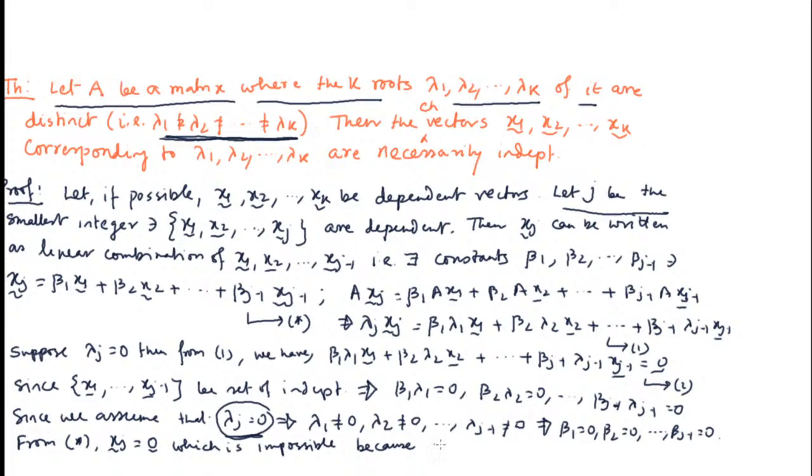Because xj curl is an eigenvector, so it should be a non-null vector. Therefore this assumption, lambda j equal to 0, is wrong.